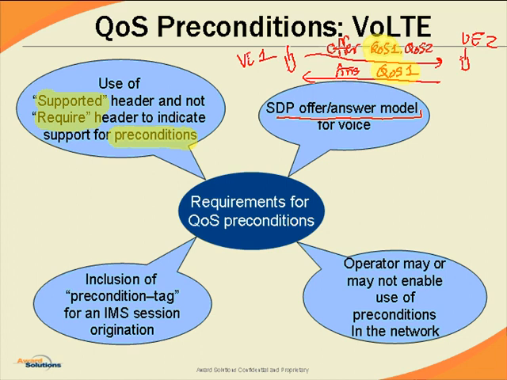And when we are doing the call startup signaling, while originating a call, we will include the so-called precondition tag. Why? Because in a wireless system such as LTE, we may not have resources. So if we run out of radio resources, then we do not want to go through the hassle of exchanging lots and lots of signaling messages.